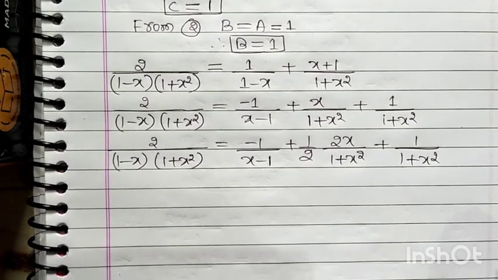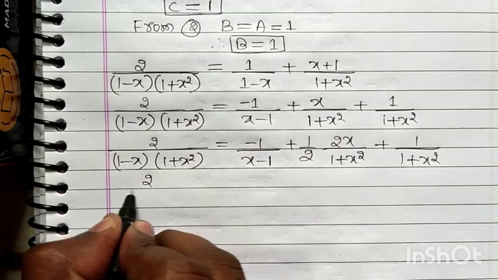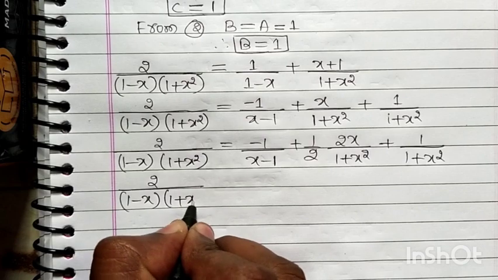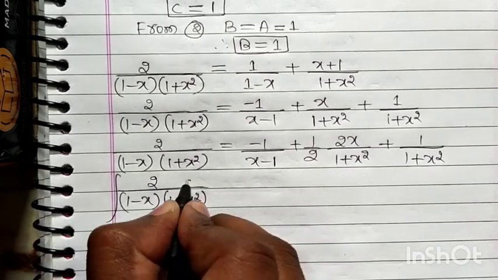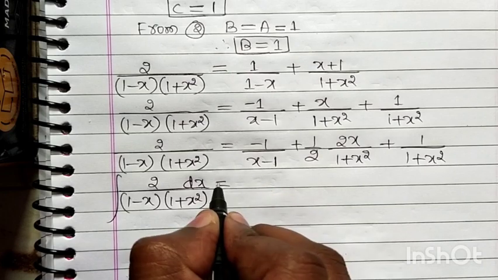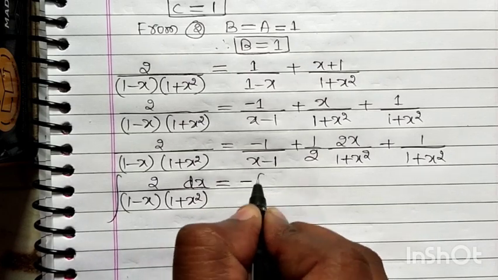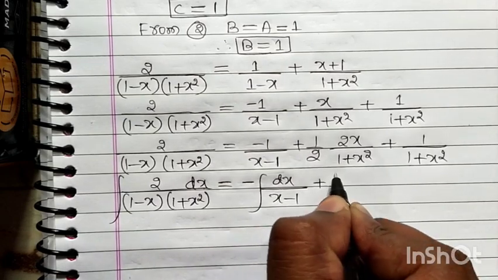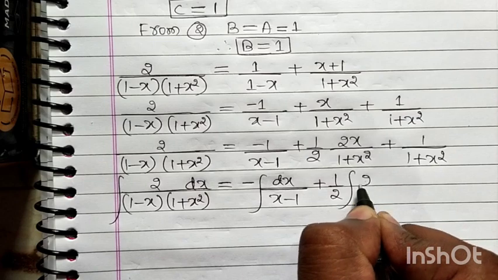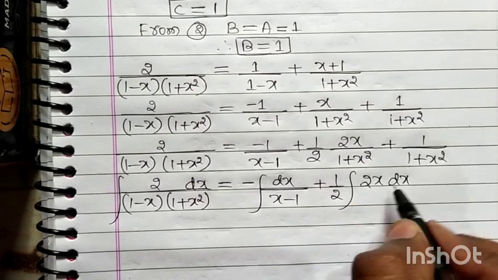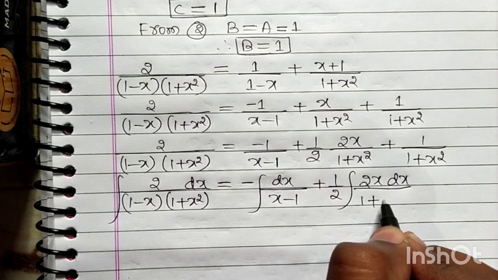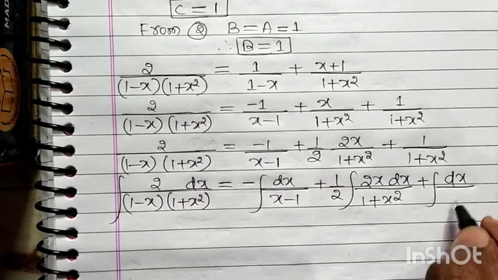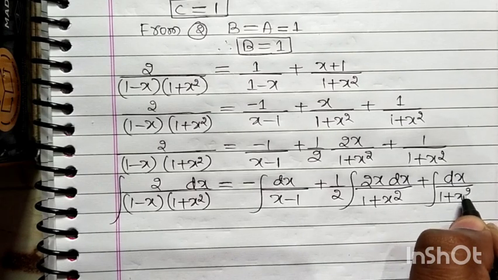Now we have to integrate both the sides with respect to x. So integral of 2 divided by (1 minus x) into (1 plus x square) dx is equal to minus, I write it outside, integral dx upon (x minus 1), plus 1 by 2 integral 2x dx divided by (1 plus x square), plus integral dx upon (1 plus x square).